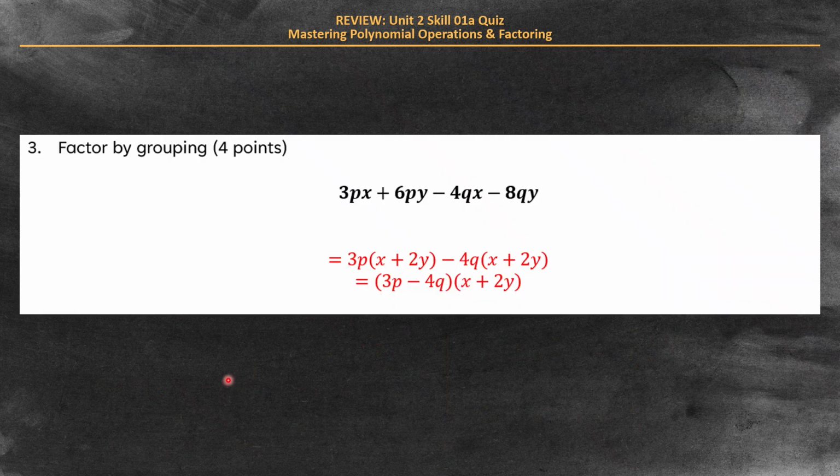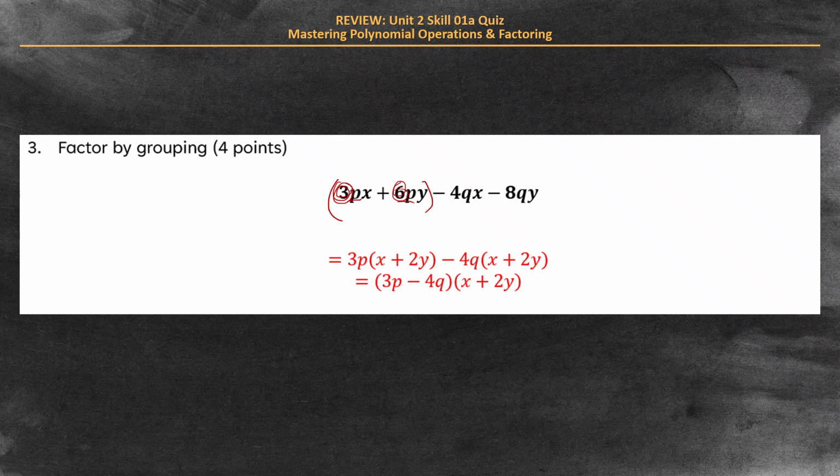Now for number 3, there's factor by grouping. So we have 3px plus 6py minus 4qx minus 8qy. So what we can do is group the 3p, right? Think about the greatest common factor. What are the greatest common factors between the terms? So we have 3, multiples of 3, and we have the p's.